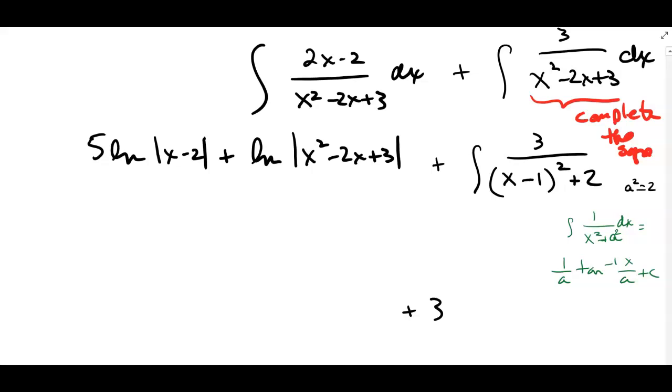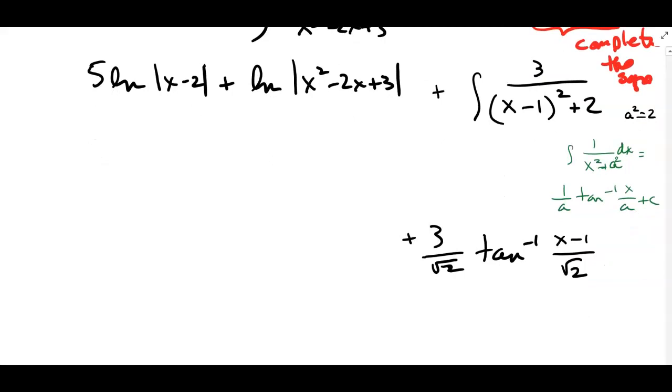So 1 over A is 1 over the square root of 2, times tan inverse, and instead of x, it's actually x minus 1 over my A again, which is radical 2. This tan inverse one does come up a lot, so you might want to get that one down.